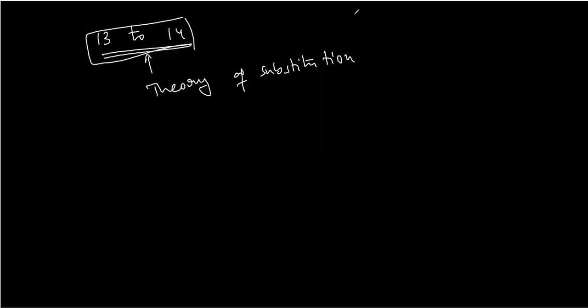What did we do then? We used the corollaries which originate from this main theorem. We used these results, these sub-theories, to solve these 13 to 14 problems. What do I mean by these?